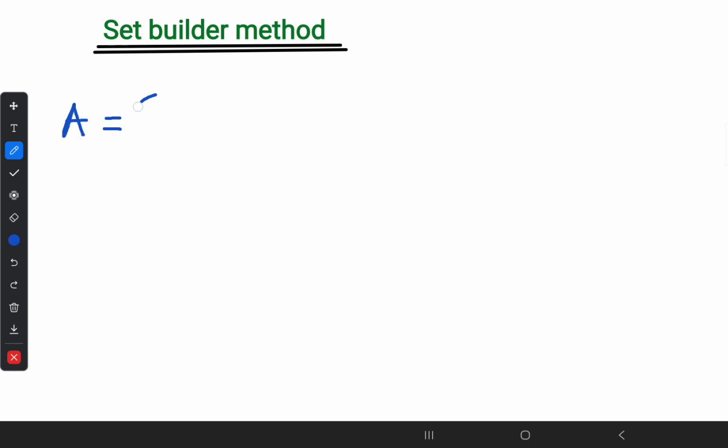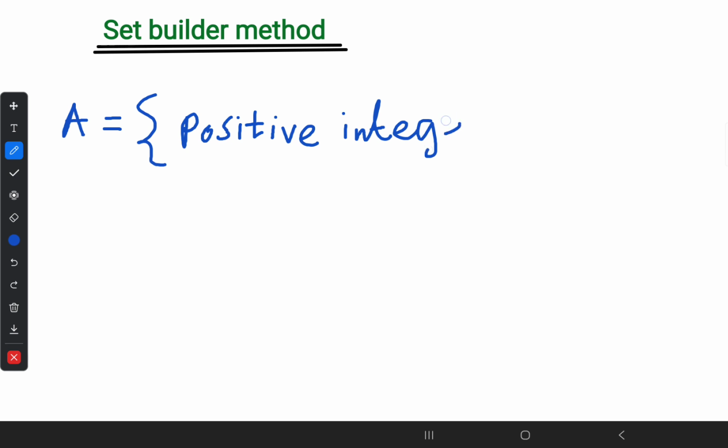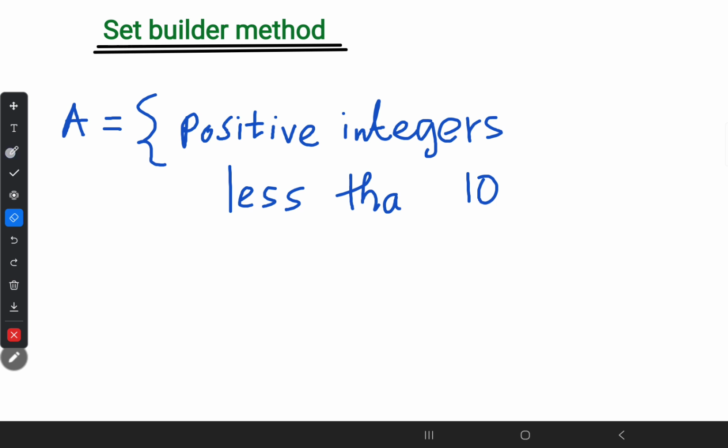A is positive integers. Positive integers means whole numbers. Positive integers less than 10. So if you are feeling really lazy to write this, no need to write this much.